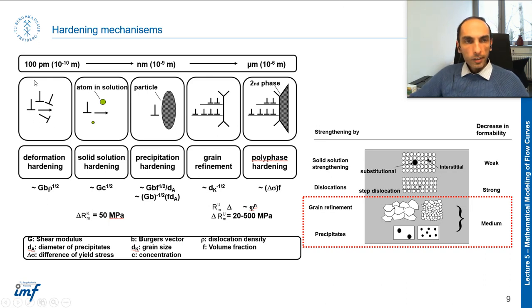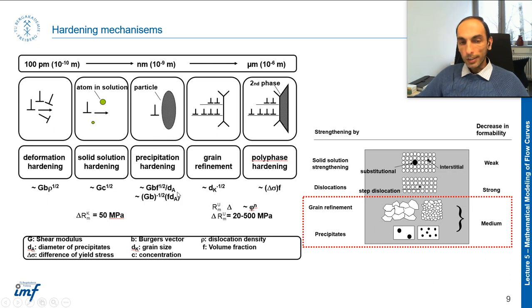Let's investigate the effect from a very small scale like the picometer scale to the micro scale, and check what's the dominant phenomena on each scale and how it affects the flow stress, and how you can model it if you want to model it.